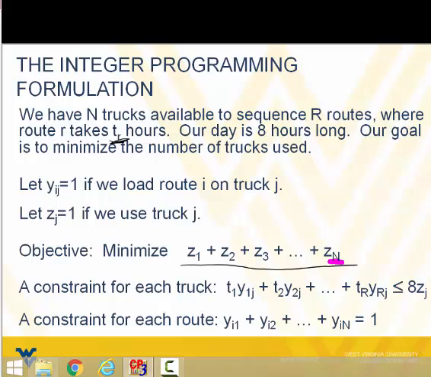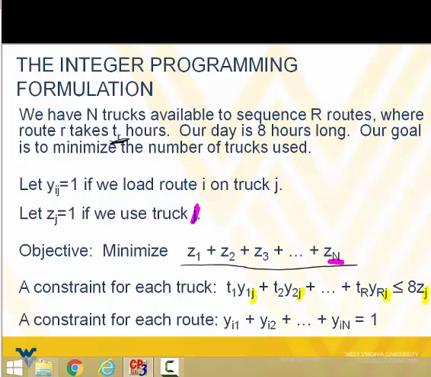For each truck, we have a constraint. Our subscript for truck is j. So for each j, we have a set of constraints where we take the sum product of the time for executing a route multiplied by the binary variable for that route if that route is assigned to that truck.